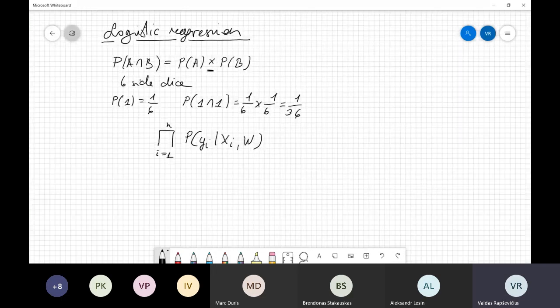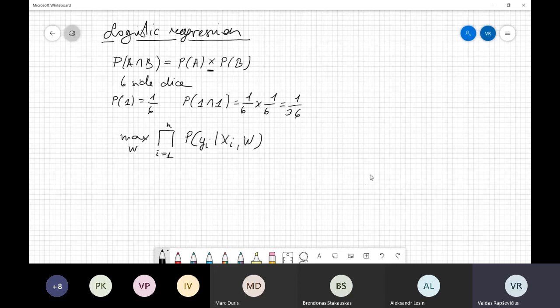So this is a product of all probabilities, and our task will be to maximize this with respect to w. So we want to maximize this product of all probabilities for our whole data set.